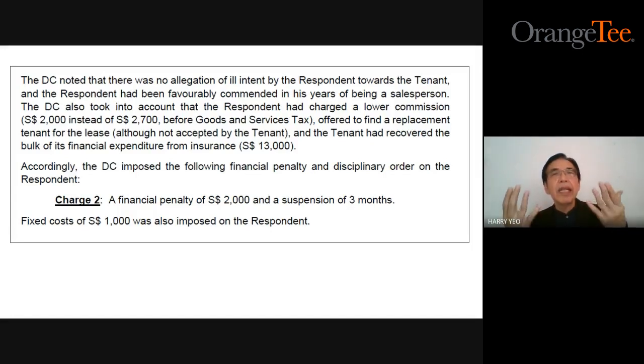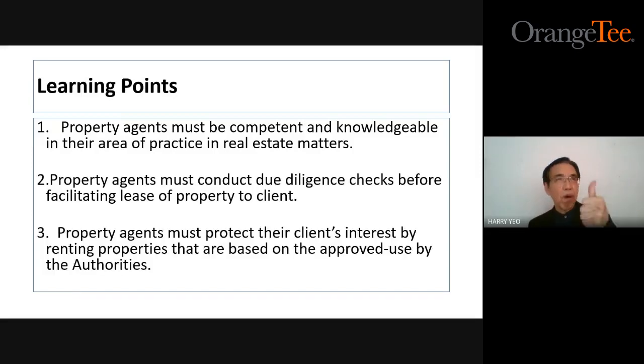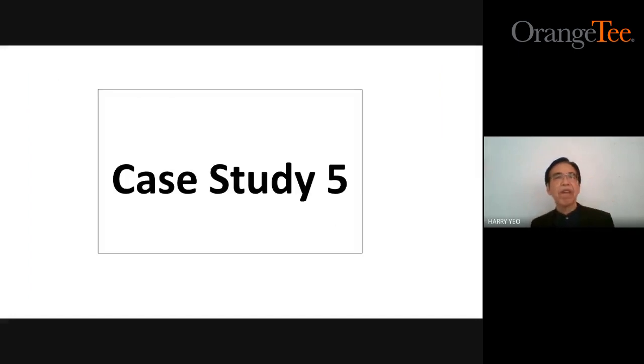Because he is incompetent. He is not knowledgeable, not familiar in the area of practice. Therefore, you have fallen below the standard of reasonable care expected of a professional agent. Amy is the same. So the learning point: agents must be competent in the area of practice, failing which, warning, fine, suspension, revocation of license.